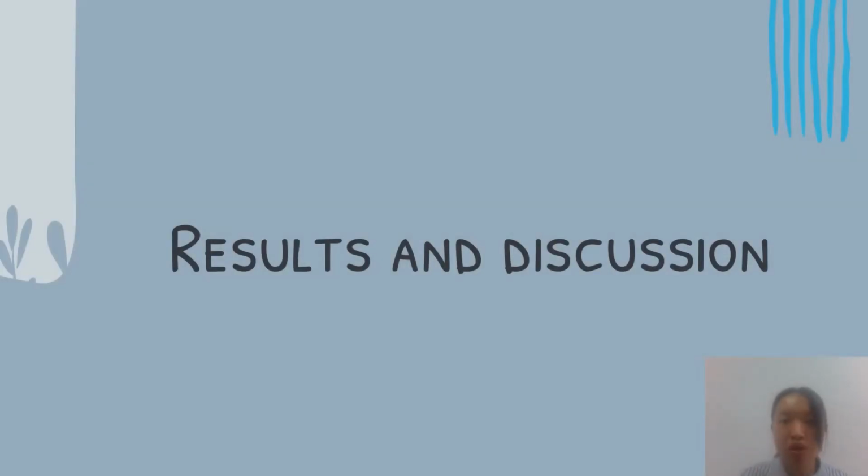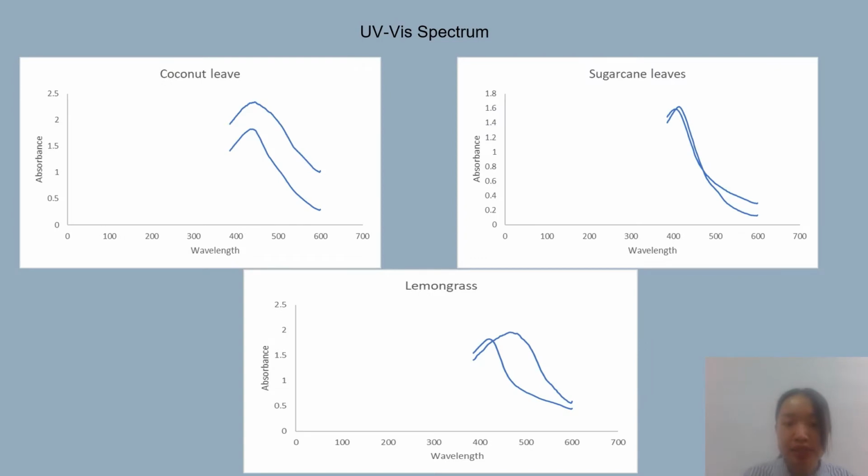Now we are going to talk about results and discussion. This is the UV spectrum before and after homogenization for 3 different agriculture biomass, which are coconut leaf, sugarcane leaf, and lemongrass leaf. In the graph, we show that both spectra change to a narrow spectrum, and the peak for each sample slightly shifts to the left, with a shorter wavelength.